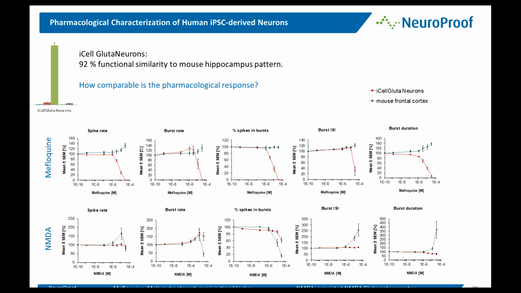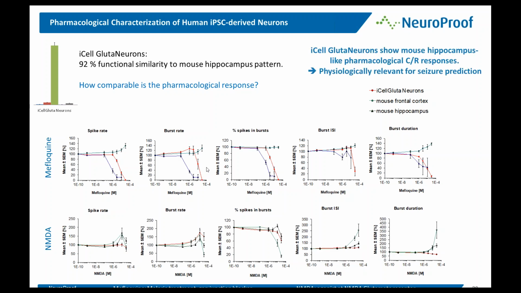Both concentration response curves, what you see here, and 5 example parameters per compound show that cortex in green and iPS glutamatergic response in red are somehow different. If I add the response of hippocampus, for instance, I see that those iPS glutamatergic responses are more similar to mouse hippocampus concentration response. So it's a matter of what you compare with each other.